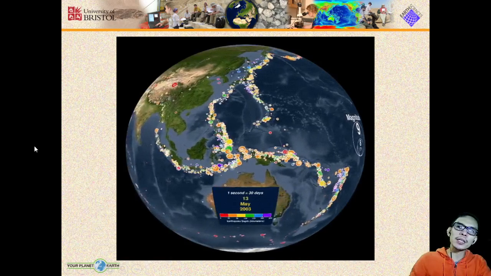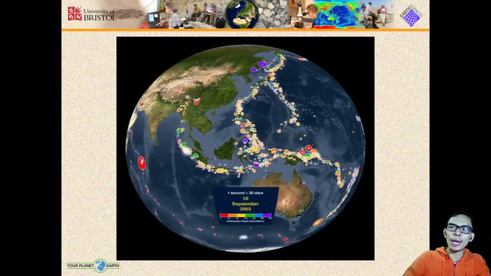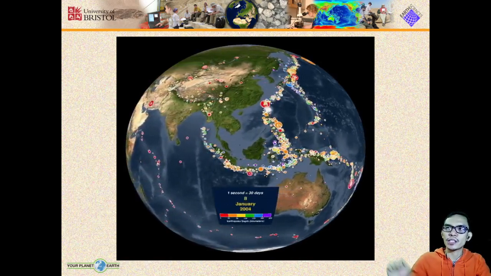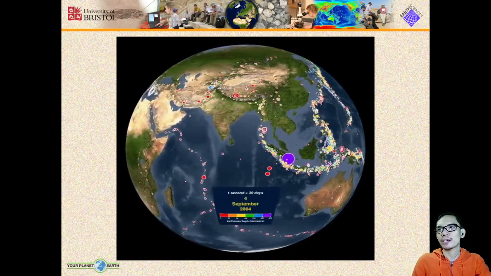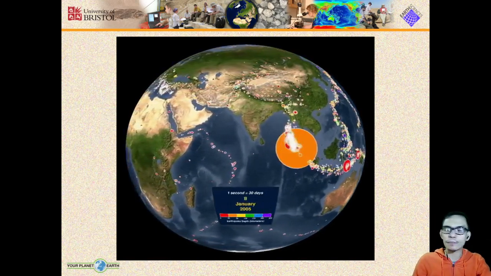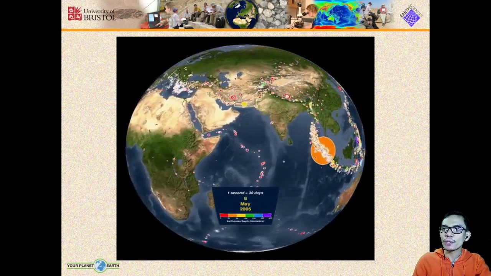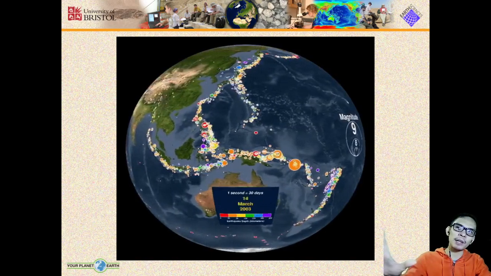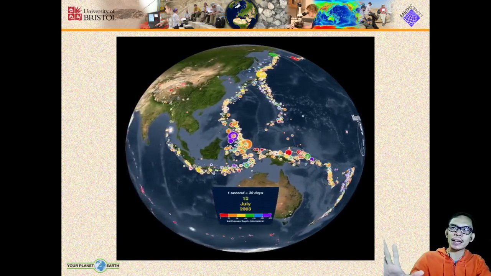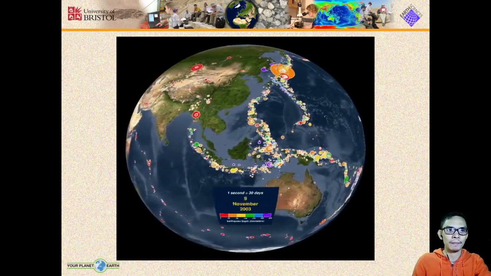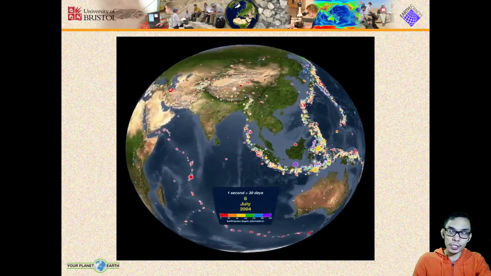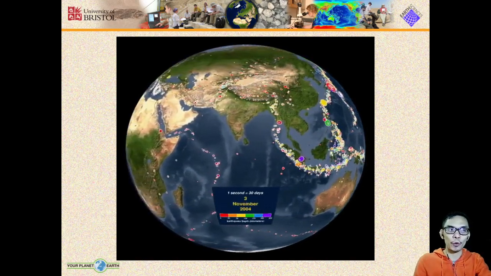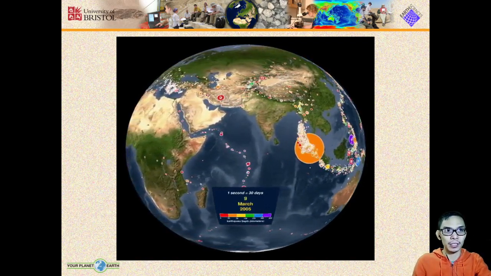As you can see here, these are the earthquake epicenters. These are the earthquake locations that happened for the past 10 years. It gives us the impression that it looks like a plate boundary, because earthquakes happen where there are plate boundaries.